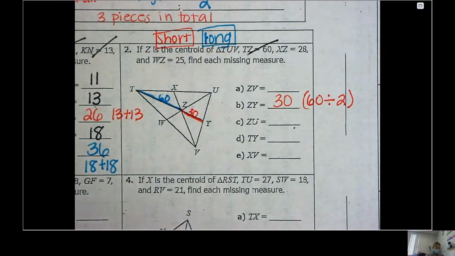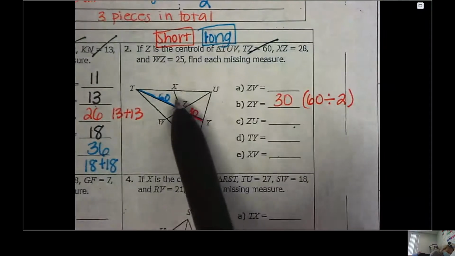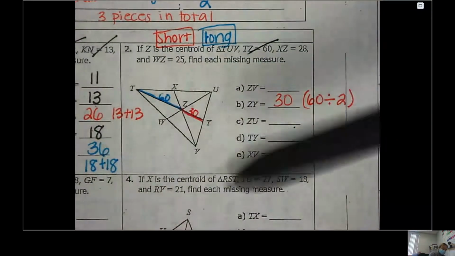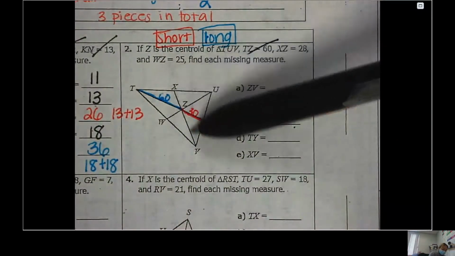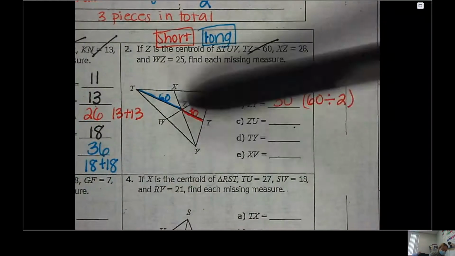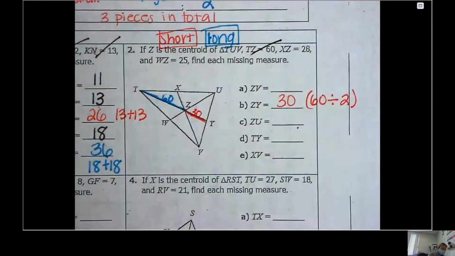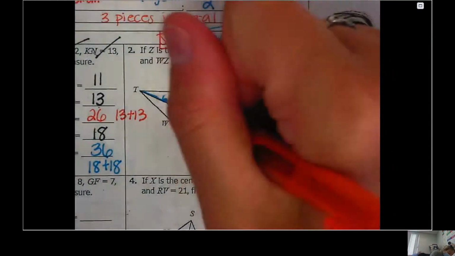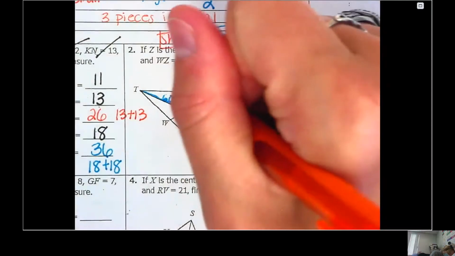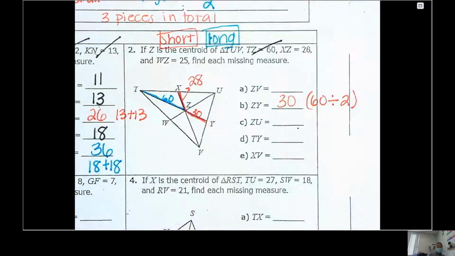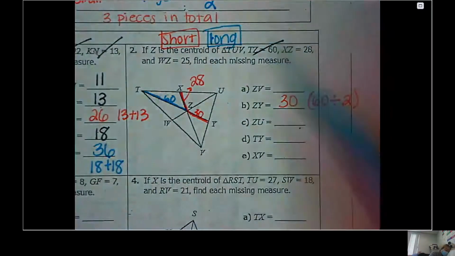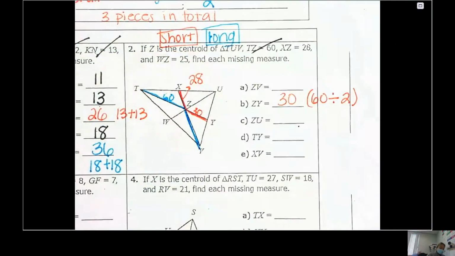XZ is 28. Now look at XZ. Is that the short piece or the long piece of this median? Short. That's the short piece. XZ is 28. All right. So to find the long piece, ZV, what am I going to do?